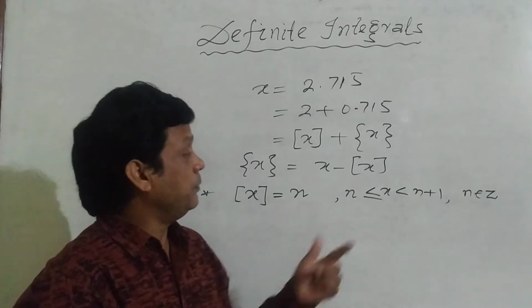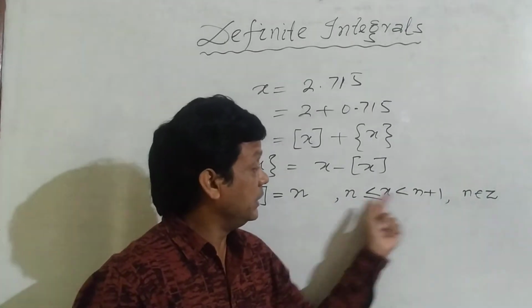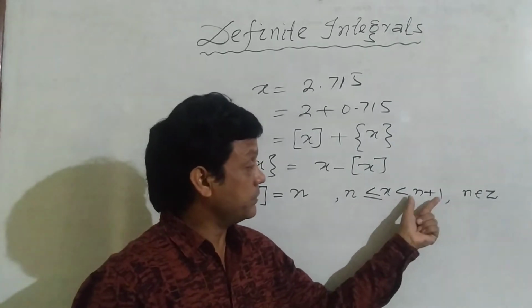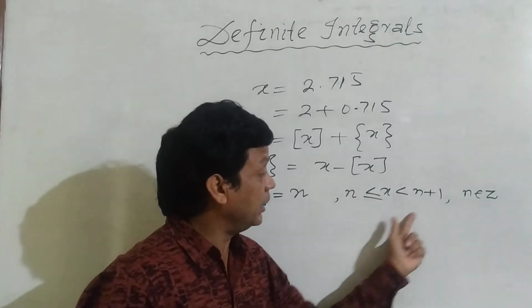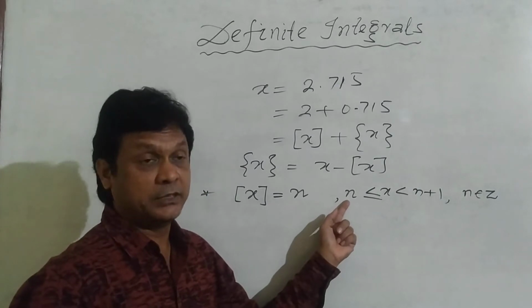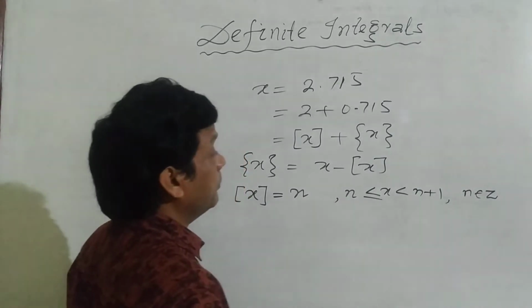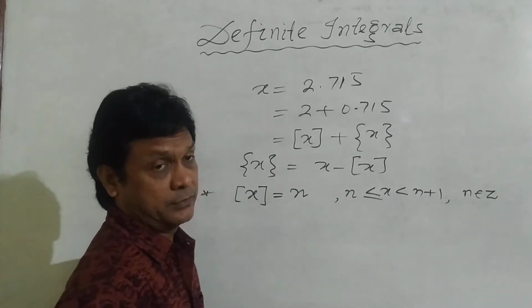That means if x lies between the two consecutive integers n and n plus 1, here there is an equal to sign at n, but there is no equal to sign at n plus 1. It must be strictly less than n plus 1 and greater than or equal to n. Then the value of bracket x will be equal to the lower limit, that means equal to n.